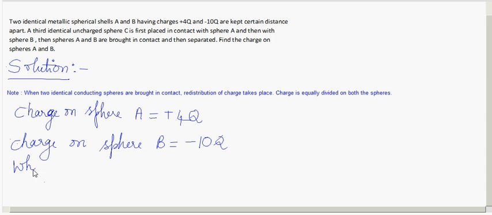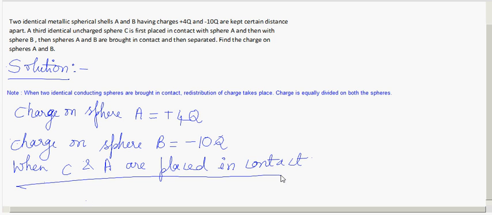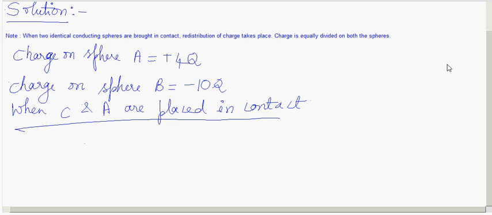When C and A are placed in contact, charge of A equally divides in two spheres.